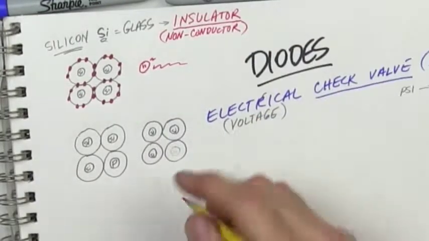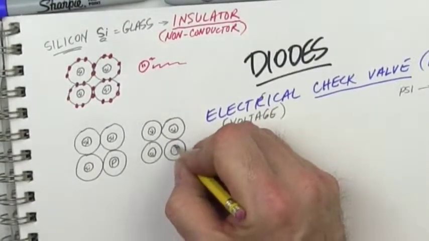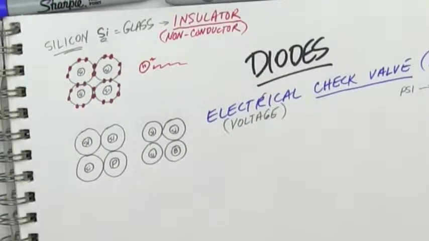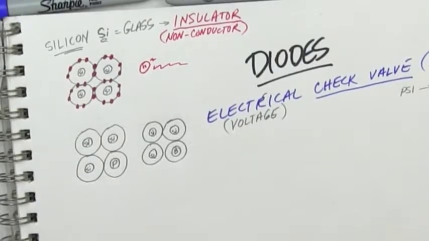Sorry. So boron and silica have the unique characteristic of being one row off on the periodic table, which means that one of them has one more electron and one of them has one less electron.